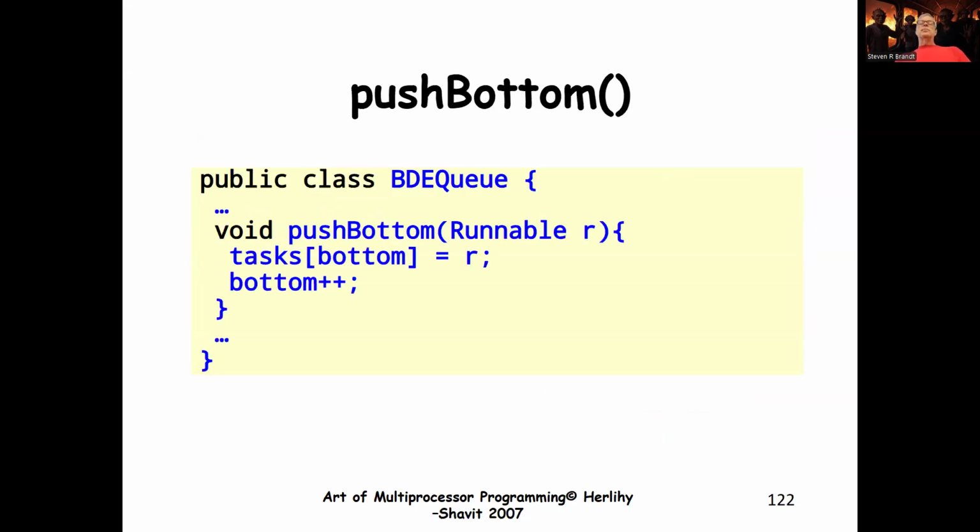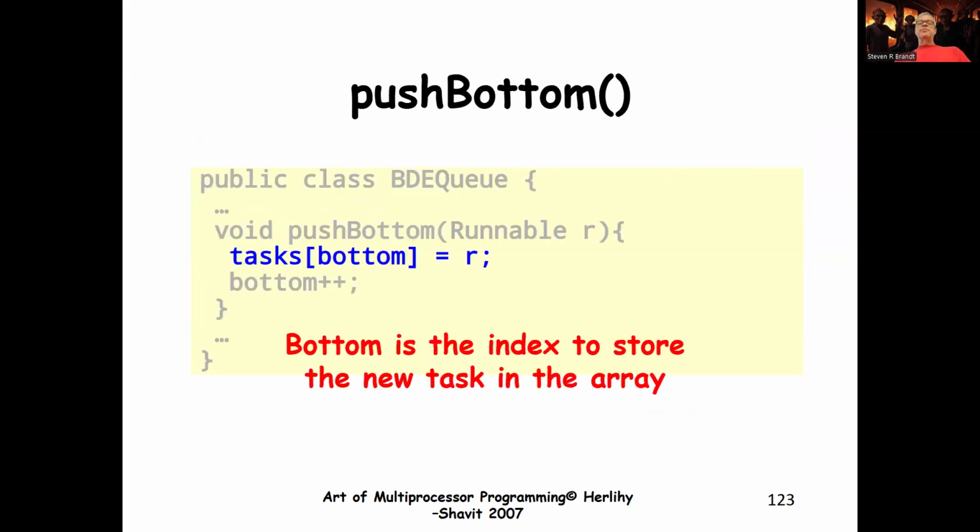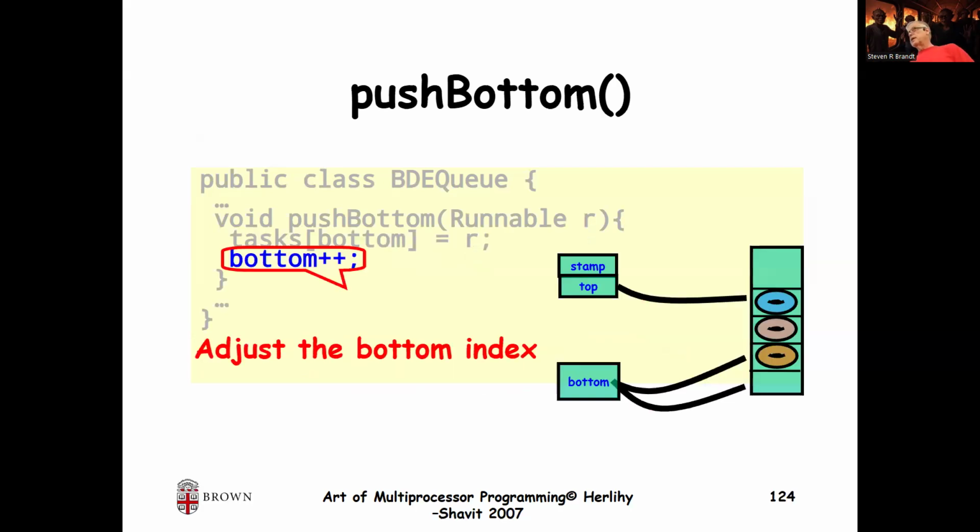Okay, so here is our class BDEQ. And we have our push bottom method, which is very simple. You think of these indexes as going down, right? So they start from 0 and as they get larger, they go down. To put something into the queue, I assign r to tasks[bottom], and then I increment the bottom of the queue.